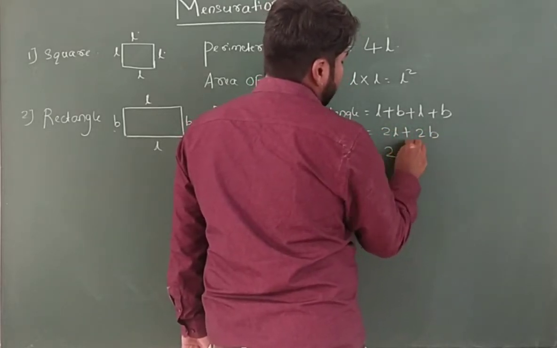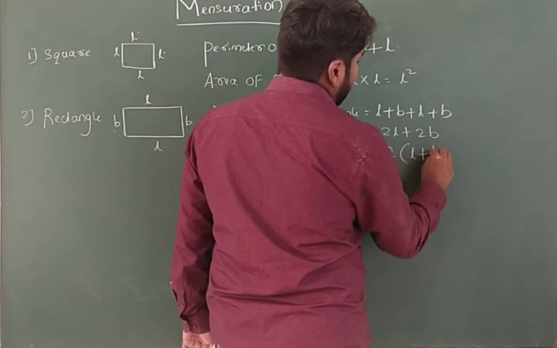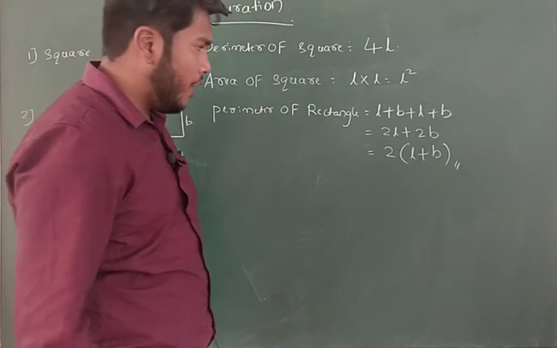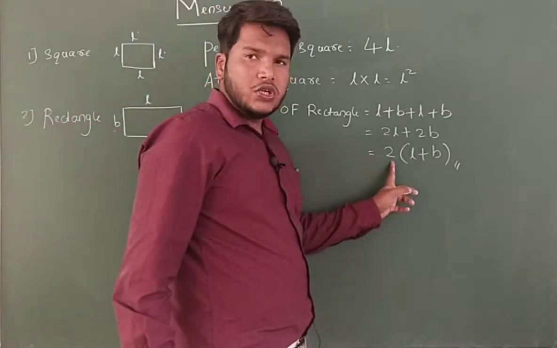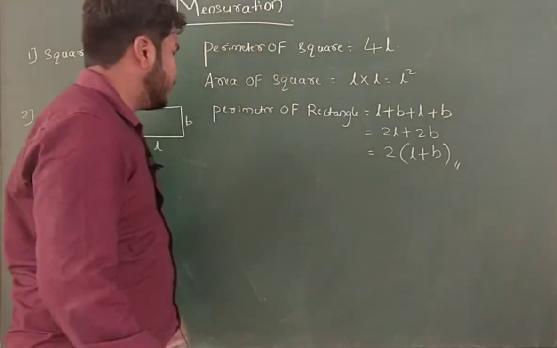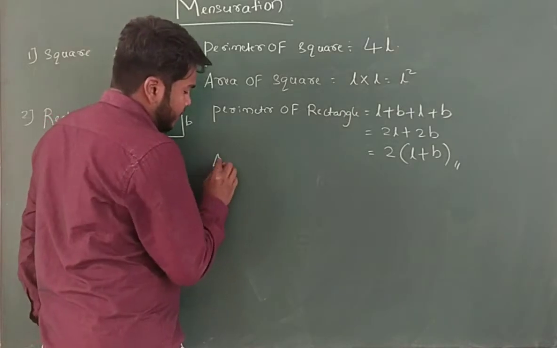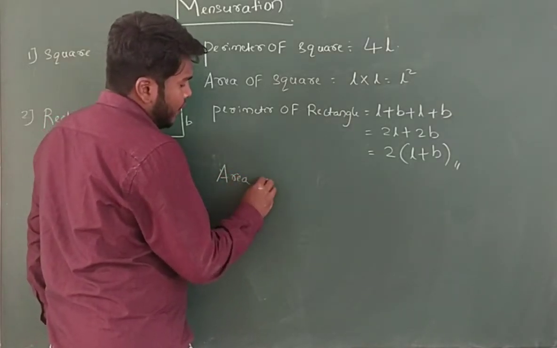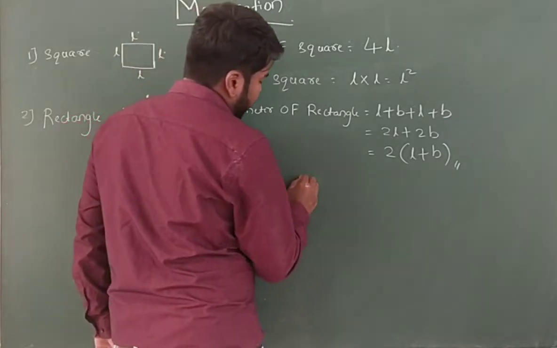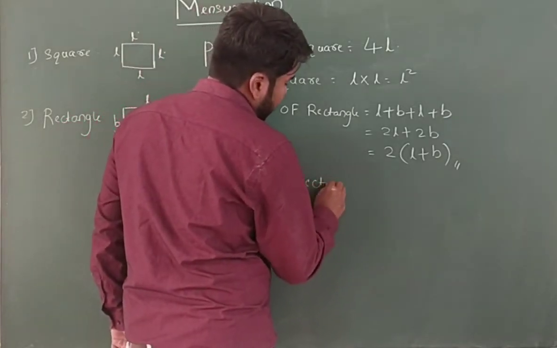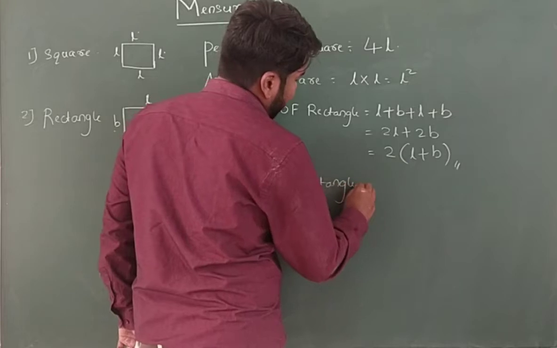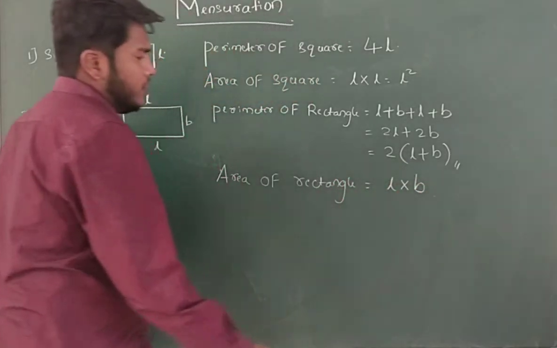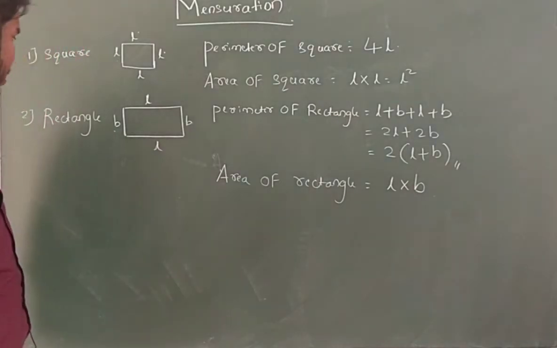So finally, 2 into bracket L plus B. So the perimeter of a rectangle has the formula 2 into (L plus B). Similarly, the area of a rectangle is length into breadth. So length into breadth is the area of a rectangle.